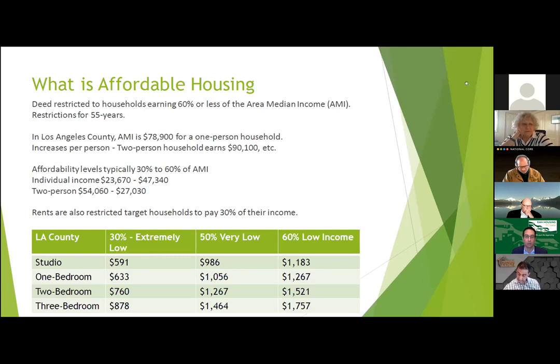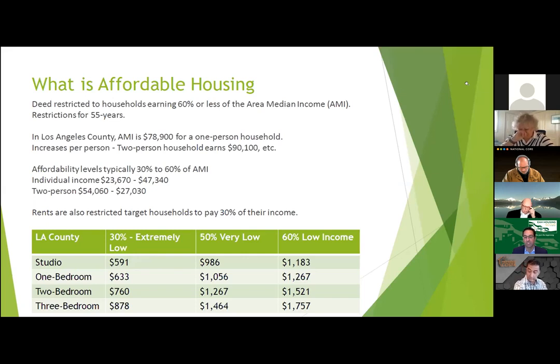So we thought it would be helpful, since most of us are in LA County, to define what exactly that means. The numbers we're looking at in front of us are from 2020. The 2021 numbers just came out, so they're pretty close. In 2020, the average area median income for all of Los Angeles County was $78,900 for a one-person household.